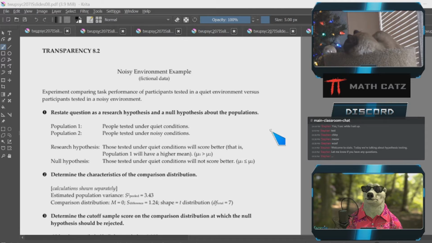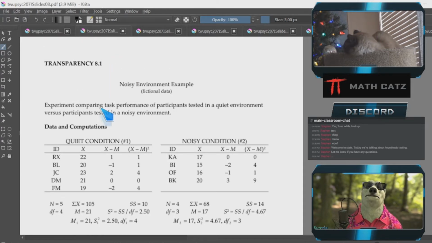However, that might not always be the case. We might have two separate groups of people, like this first example. So we are comparing the performance of participants tested in a quiet area versus a noisy area. Not the same people, two different groups of people.